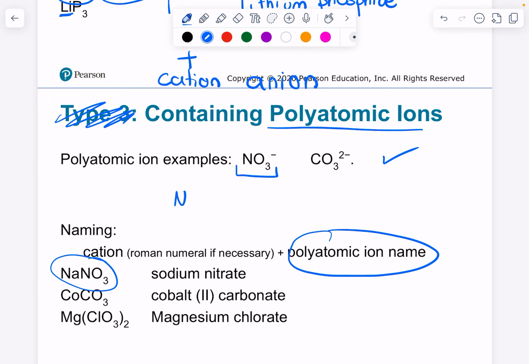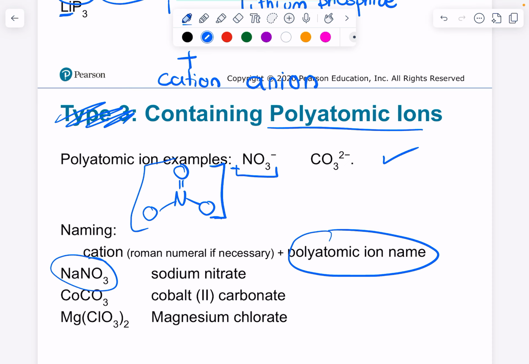So NO3 looks like this, but it has gained an electron. So if we added up all the electrons of the nitrogen and oxygen and stuff, we would see that this one had 1 extra electron, and it got that electron from a metal that it was bonding with.